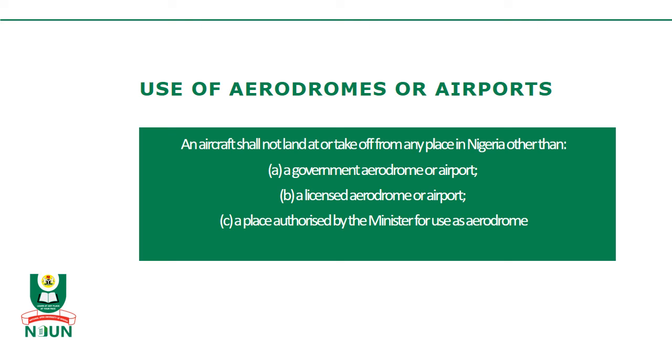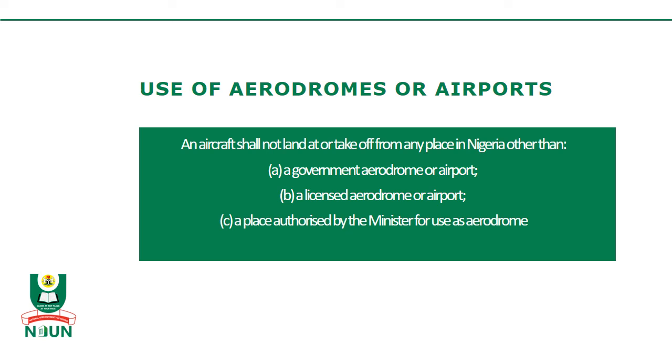Use of aerodromes or airports. An aircraft shall not land or take off from any place in Nigeria other than a government aerodrome or airport, a licensed aerodrome or airport, or a place authorized by the Minister for use as an aerodrome.